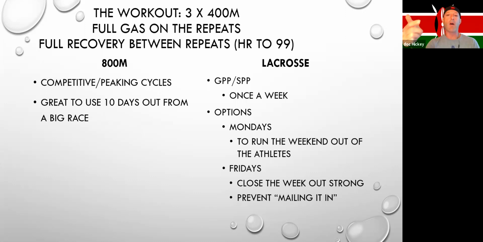The next thing we're doing is taking full recovery between repeats. I'm going to let my heart rate drop all the way down to 99. I'm going to let that lactate fully clear my body, precipitate out of the muscles into the blood, and ship off to the liver, let my heart rate recover, let it come down to that pre-bout homeostasis, and then we hit it again.